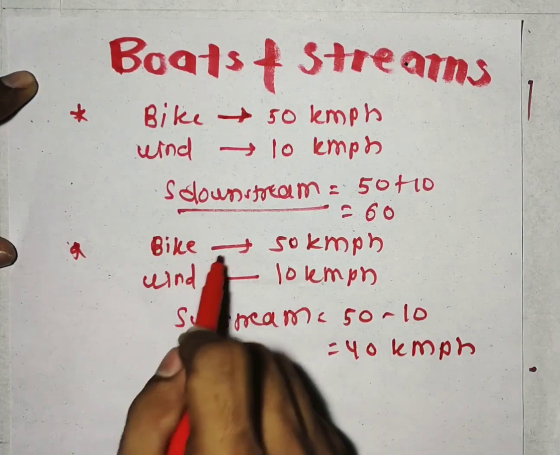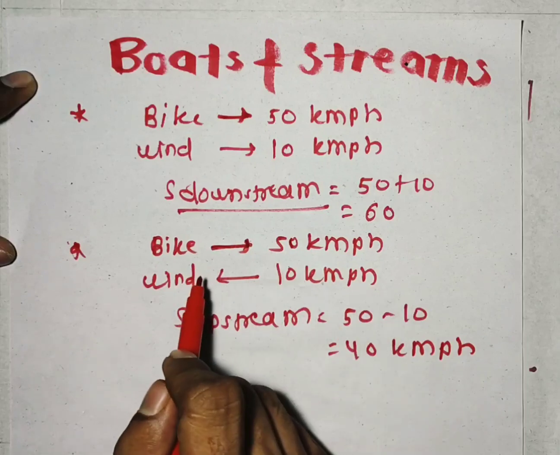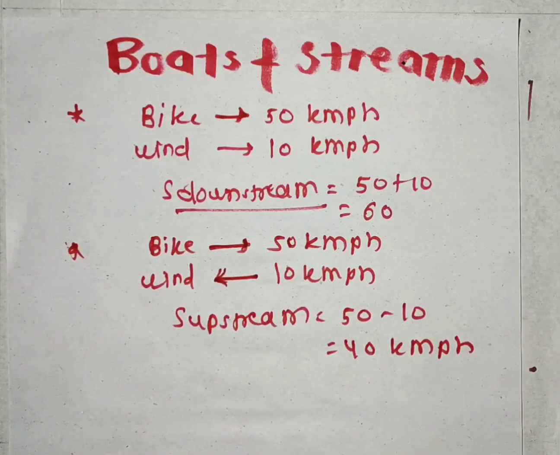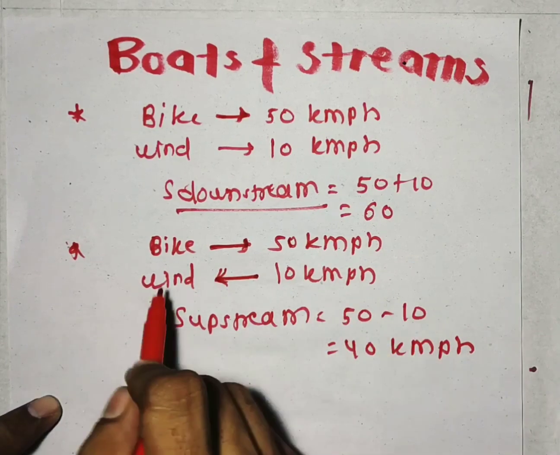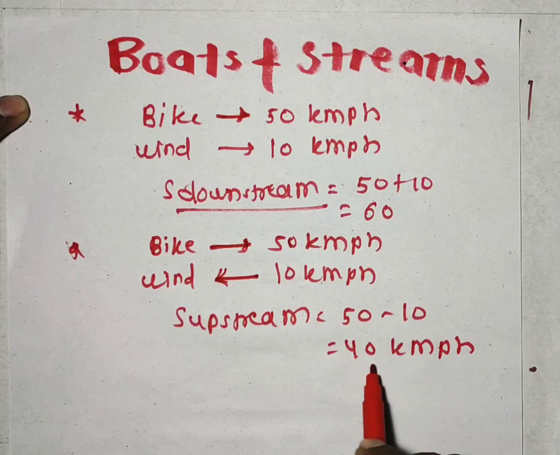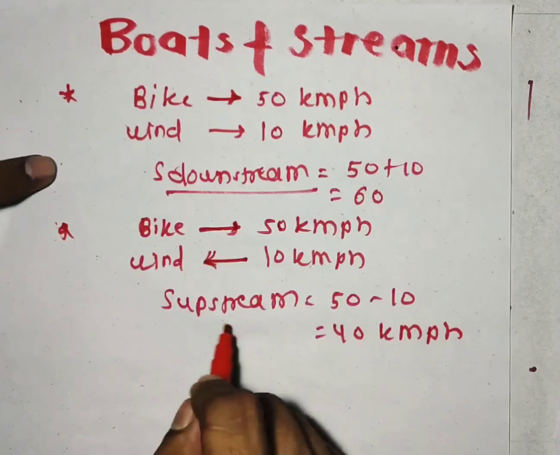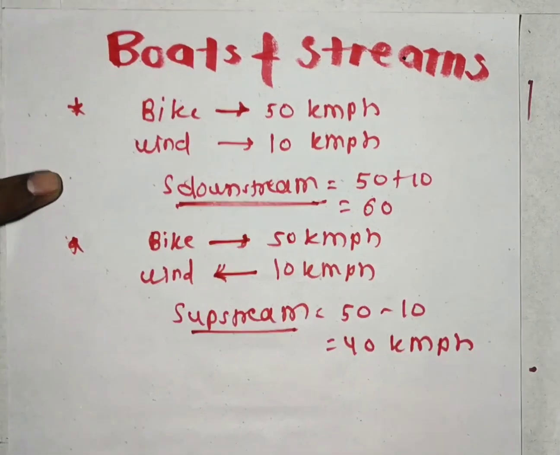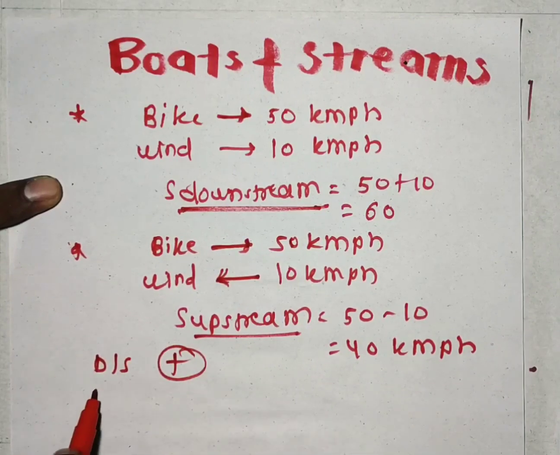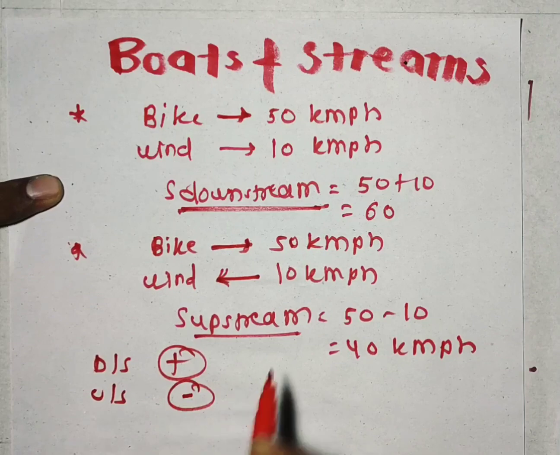As the wind is resisting the speed of the bike, it will become 40 km per hour. It is called upstream, and the other is called downstream. In the downstream we have to make the addition. In the upstream we have to make the subtraction.